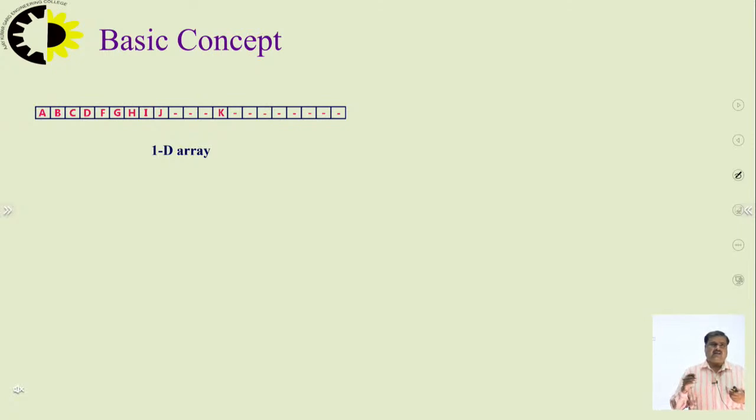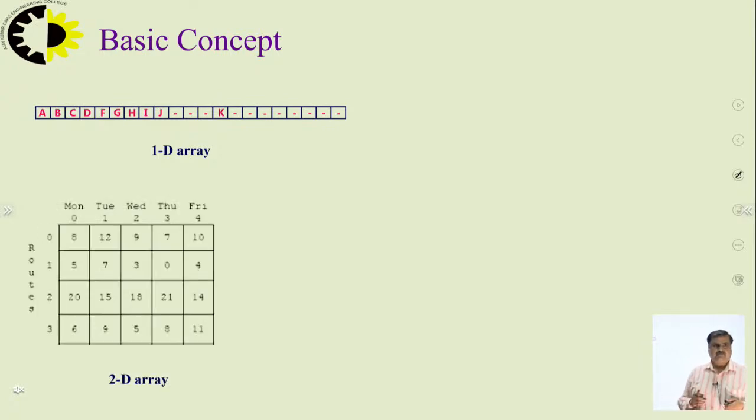So all characters will be stored in the array. Array means every element is stored, like A is stored, then B is stored, they are stored in contiguous memory locations. And when these are stored in a vector form, they will be called a 1D array, and there will be one index for that.